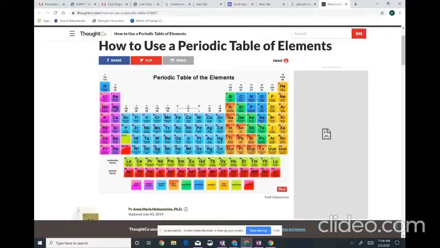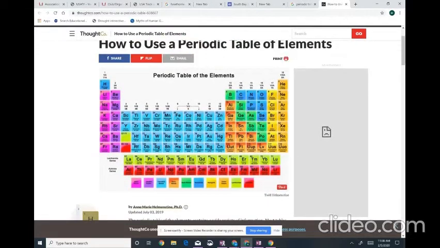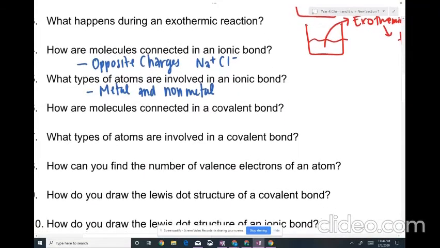But if you go from 13 all the way back to group 1, those are all metals. So on this side, 1 through 13, you'll mostly get metals, and on this side you'll get your non-metals. That's an important thing to have on there.